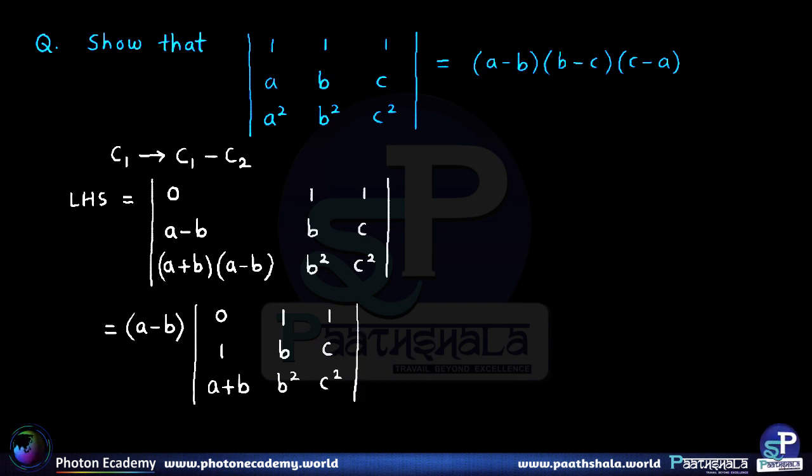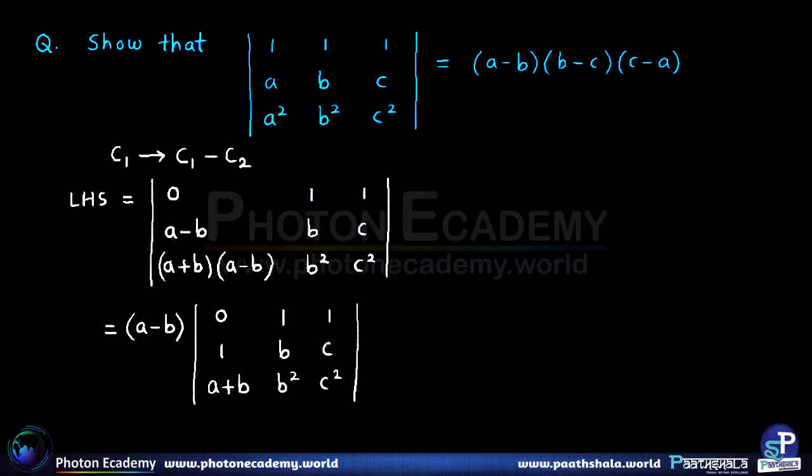Now looking at the pattern, what we did to get A minus B, the same we can do on column 2 and column 3, from which we'll get the factor of B minus C as common. So therefore let us change column 2 to column 2 minus column 3.